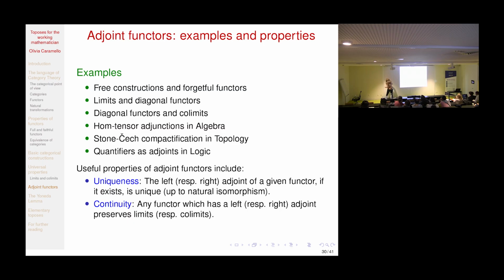So we can, for instance, discuss the example of the free group on a set. Okay, so we have the category of groups and group homomorphisms, and the category of sets and the functions between them.